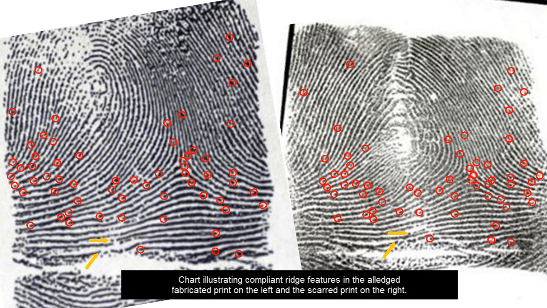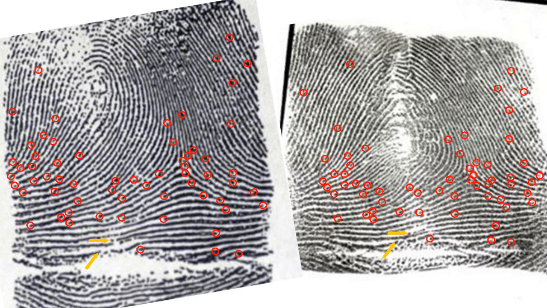The ridge features that I've illustrated here provide proof of what I examined and determined, given that the article states this was a fabrication and that the two prints did not originate from the same finger. It was requested that anybody that wanted to refute this fabrication should go ahead.